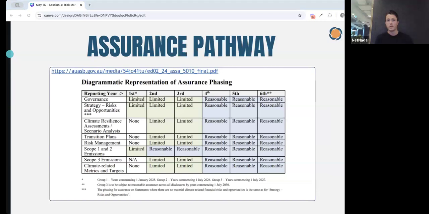Now, from an assurance perspective, and this may be something that you've seen a lot of but find difficult to follow: in year one, companies report their related information without assurance. It really starts from year two, when they have to obtain limited assurance.